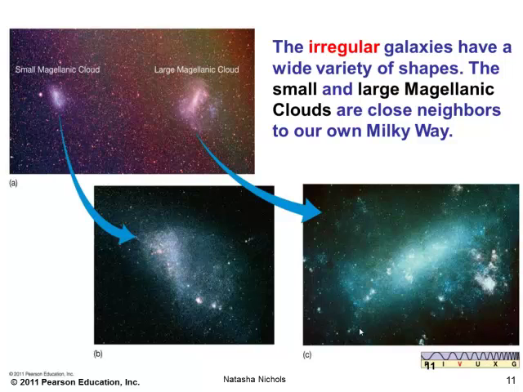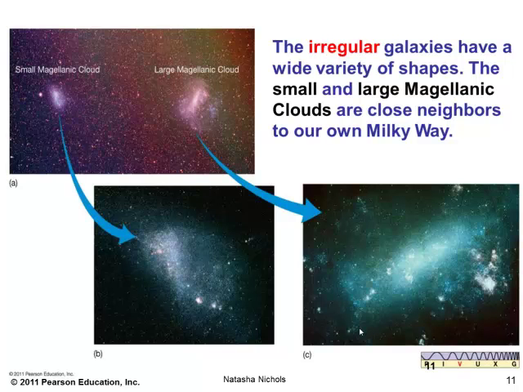We also have irregular galaxies, and as you can imagine, they come in a variety of shapes. The small and large Magellanic Clouds are close neighbors to our own Milky Way. They're prominent features of the night sky in the southern hemisphere.